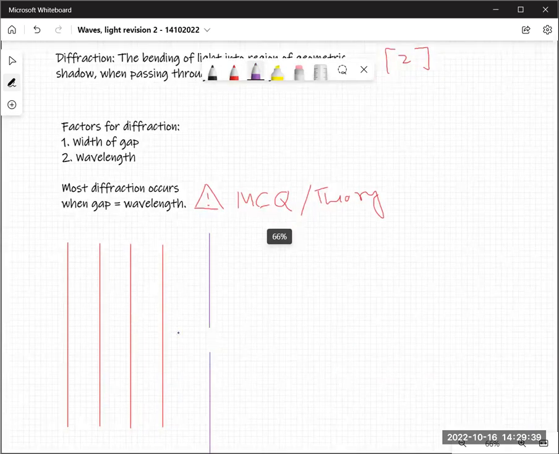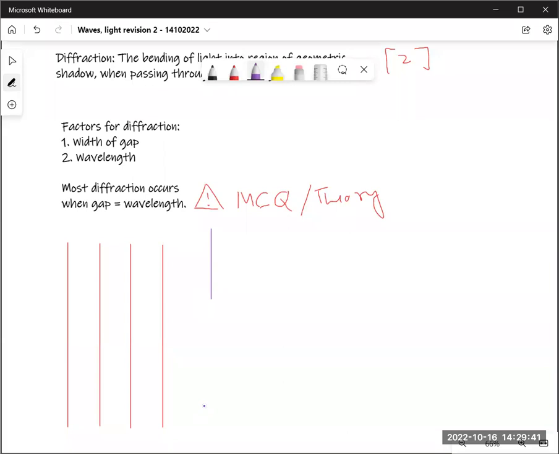Now right here, if I make a gap this big, this distance right here is my wavelength. But this one right here is the gap. Now we realize the maximum diffraction happens when the gap is equal to the wavelength, but right now it's not. It's more than the wavelength. So we'll just write gap is more than wavelength.